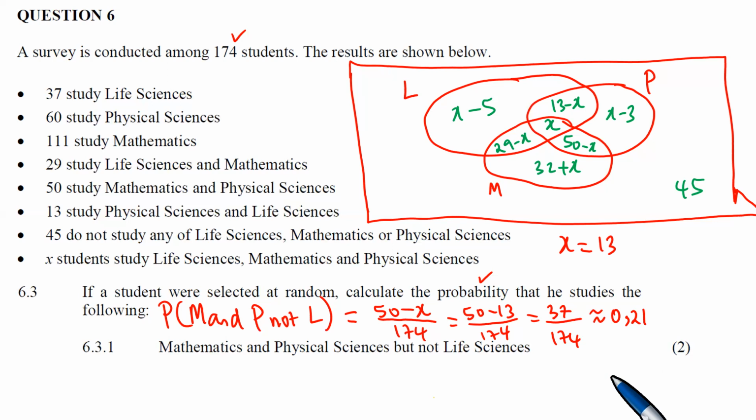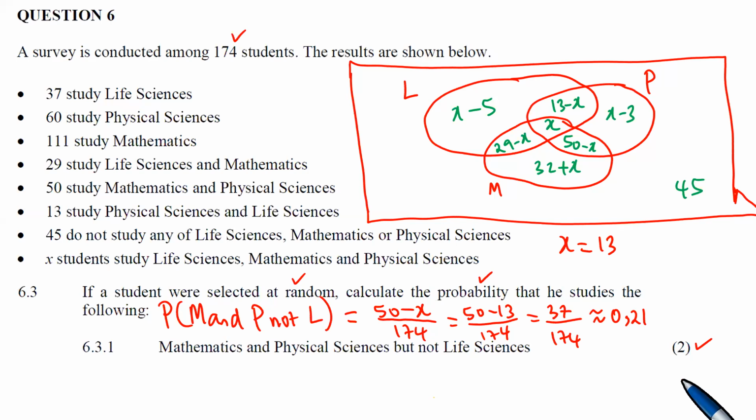So the probability that a student selected at random studies the following: mathematics and physical sciences, but not life sciences. We have exactly that part. Right, so we have answered 6.3.1 and we got the 2 marks there.